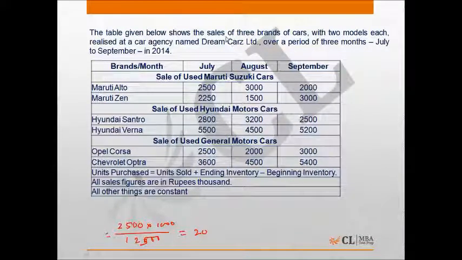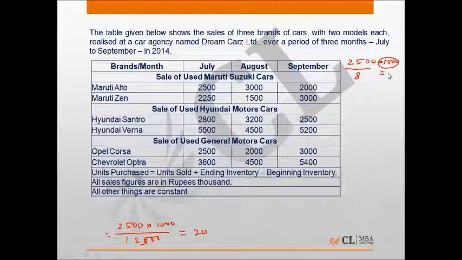The total sales of Opel Corsa in the month of July was 2500 into 1000. That we can remove from here. The price is the total sales in 1000 upon the number of cars sold. It was 8 as it is given in the question.